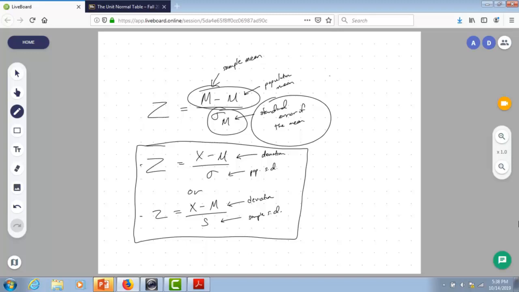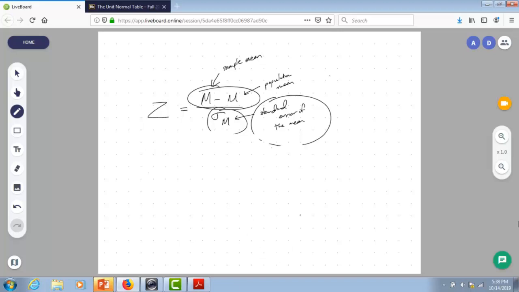Then in our denominator, we have something called the standard error of the mean. The standard error of the mean, folks, is very similar to a population standard deviation, but it differs in that the focus is on the sample mean.